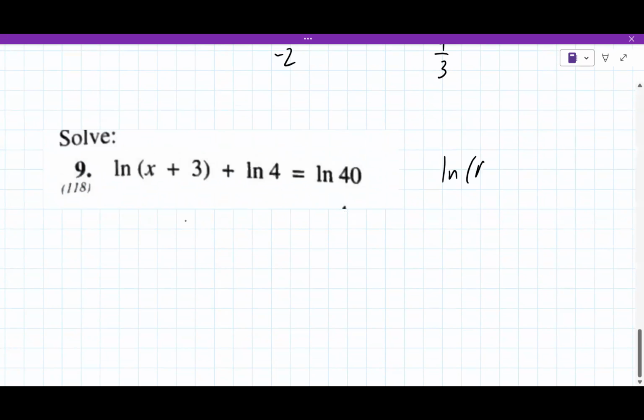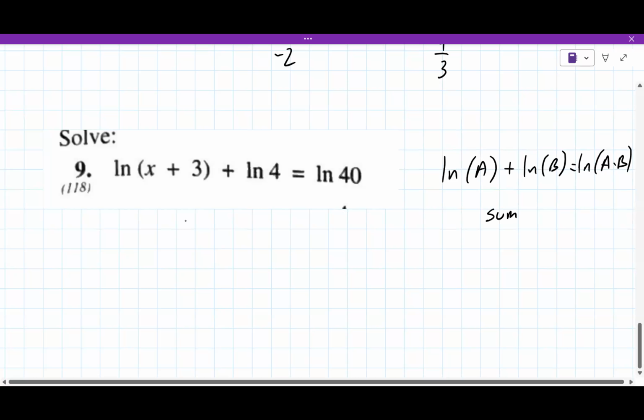There's one here. It's the natural log of A plus the natural log of B. This becomes the natural log of A times B. It says that a sum, which is the plus, becomes a product. So this property applies to what's written here on the left.